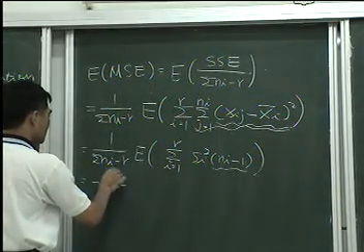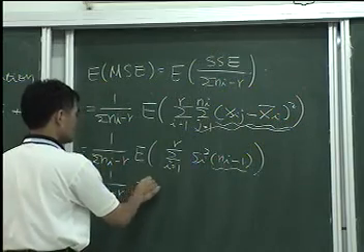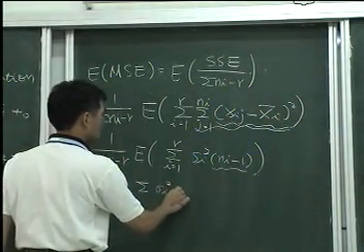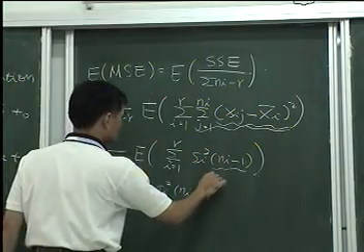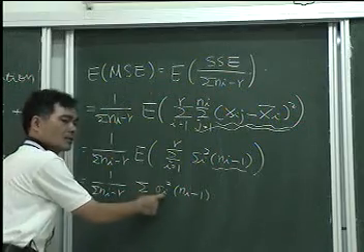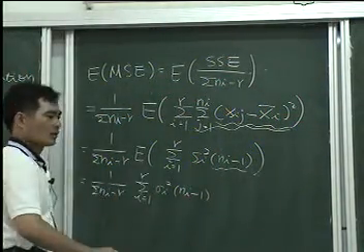You get 1 over summation Ni minus R, and summation of Ni minus 1 times sigma I squared. Any questions? Because this is summation, right? I from 1 to R. So what do you get?